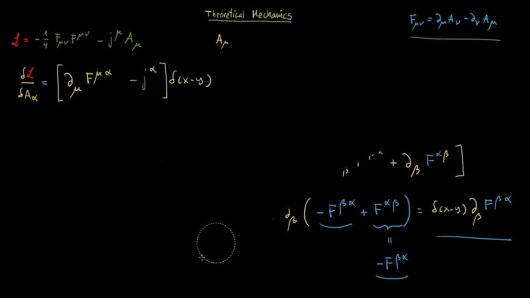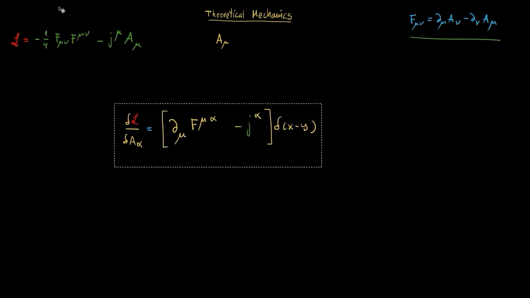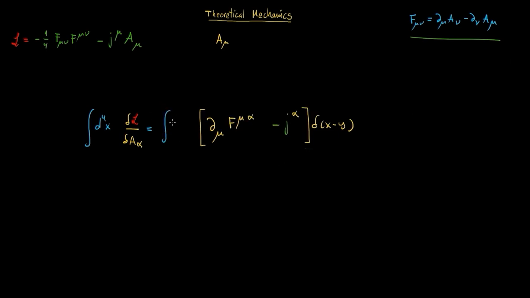So in order to obtain the equations of motion, now it's easy, because the only thing you must do, something similar to what we did previously, is to integrate this and this, because this is the definition of the functional derivative of S with respect to A alpha of y.